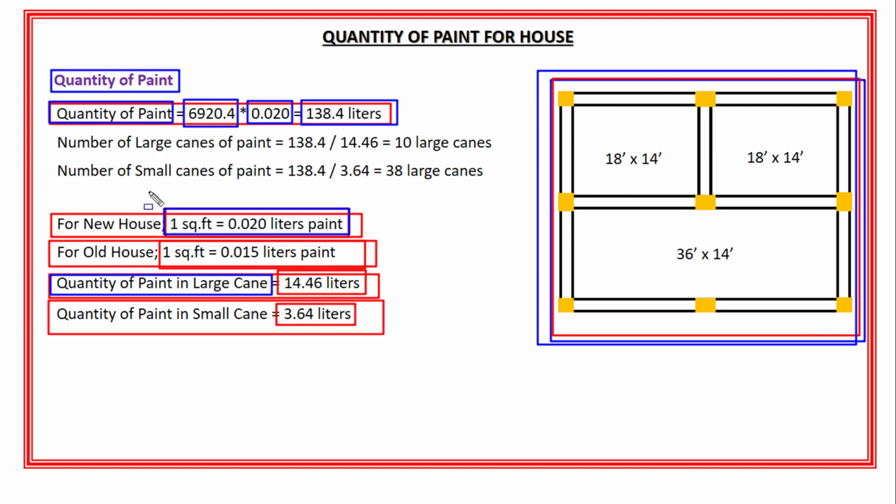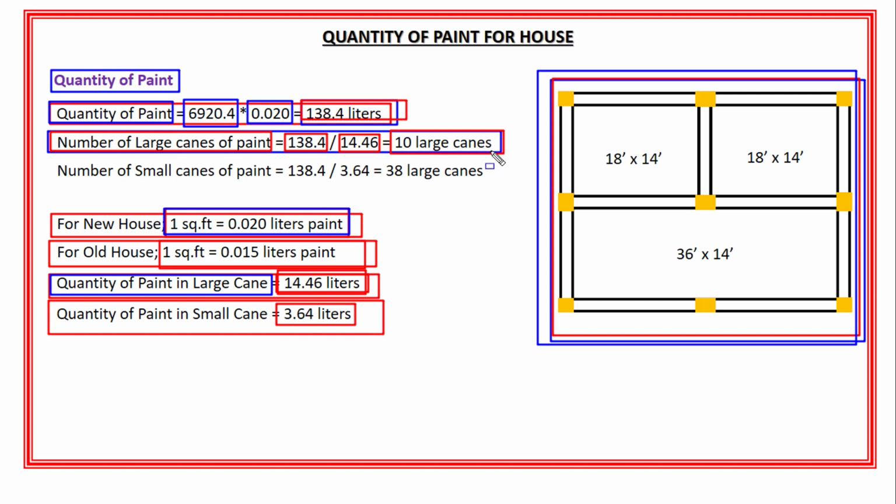of paint. So the number of large cans of paint is equal to total quantity of paint, which is 138.4 liters, divided by quantity of one large can of paint, which is 14.64 liters. And the total number of large cans of paint will become 10 cans.